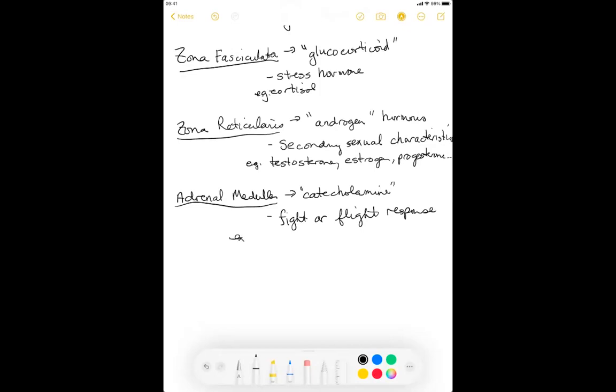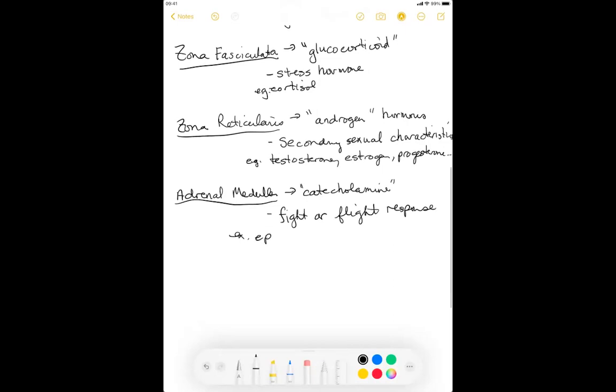And the two examples that you're probably all aware of are epinephrine and norepinephrine. So those are all the hormones, or the main hormones that are made by the adrenal gland as a whole, both the adrenal cortex and the adrenal medulla.